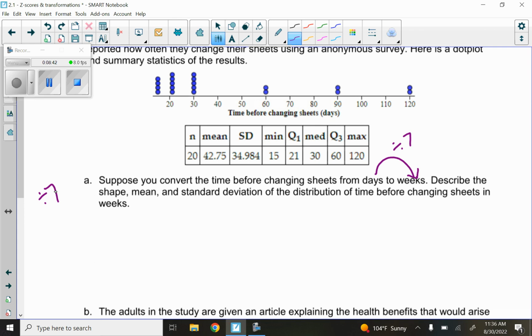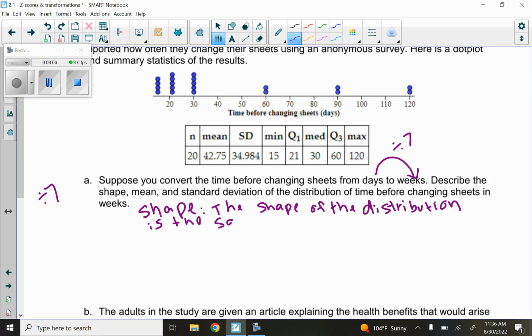So you're really transforming this by dividing by 7. So shape, when we divide, is the same. So the shape of the distribution is the same as in days, skewed right.